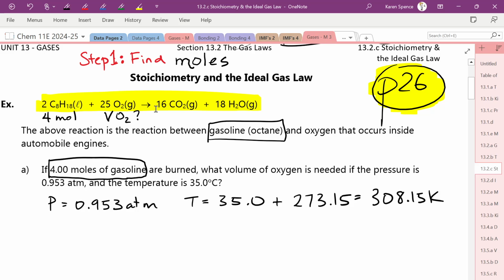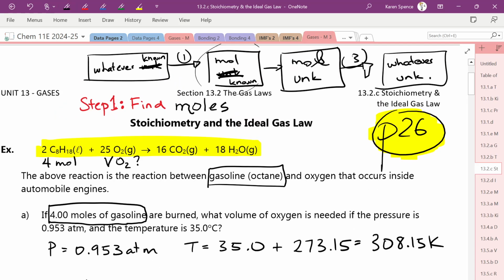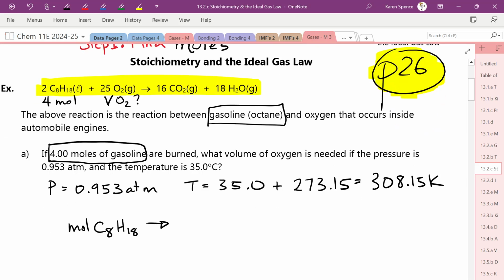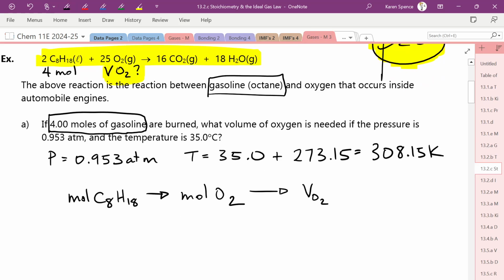So we're going to go from moles of gasoline, of octane, C8H18, and we will convert that into moles of our unknown, which is our oxygen, because we don't know how much oxygen we have. Then we will convert moles of O2 into the volume of O2.